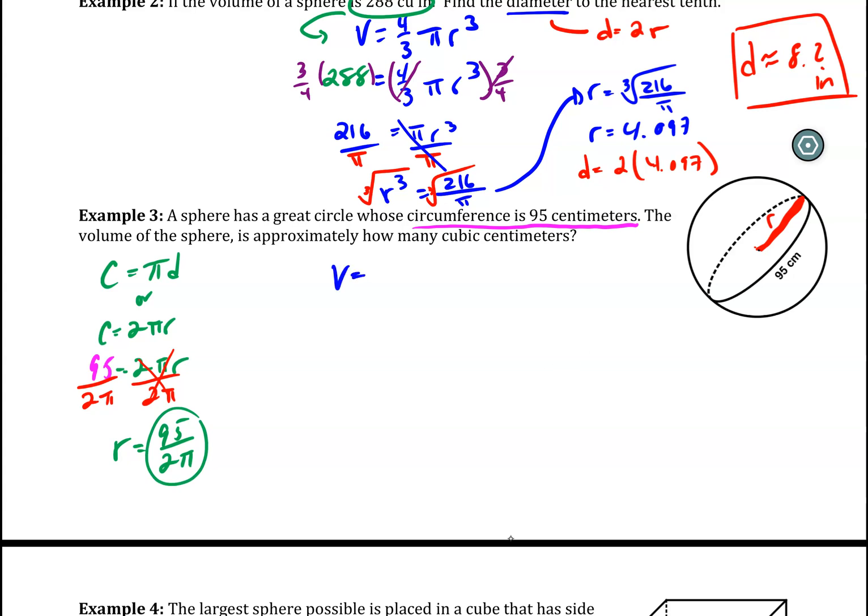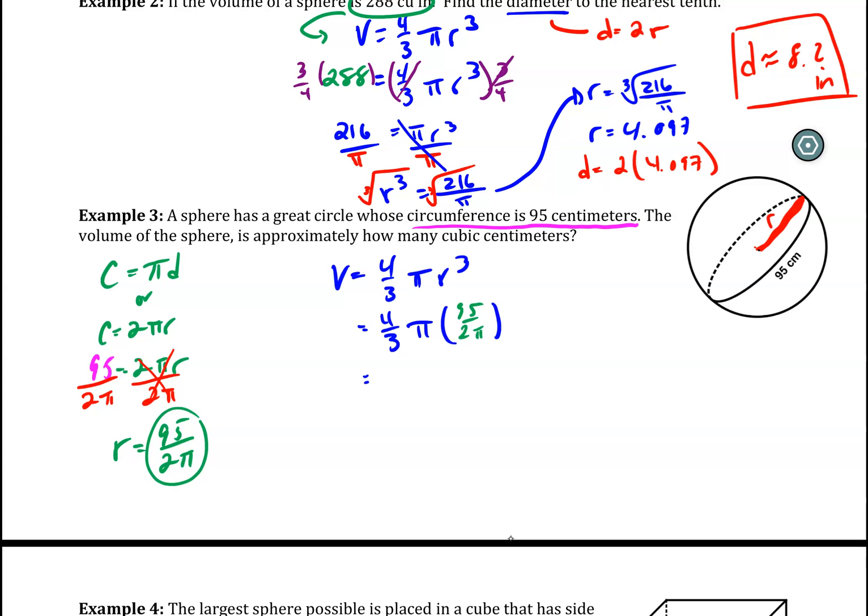So V is equal to 4/3 pi r cubed. In this case, that's 4/3 pi times the answer we just got, which is 95 over 2 pi. And now I can plug this into my calculator. Again, I want to show the formula, show what I've plugged in, then use the calculator to actually solve the answer.